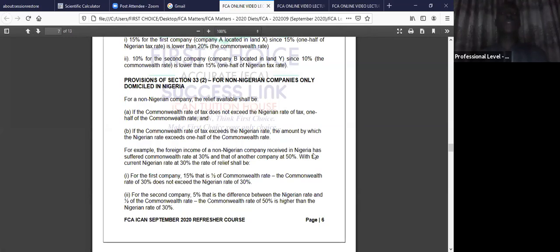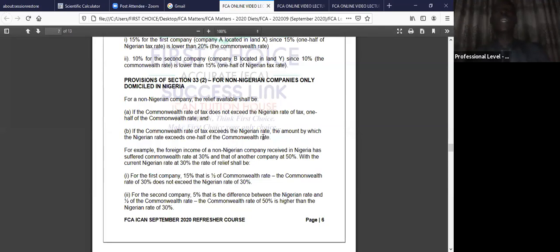But if we find out that the Commonwealth rate is smaller than the Nigerian rate, let's say the Nigerian rate is 30, the Commonwealth rate is 24%, then the Commonwealth rate of tax is smaller than the Nigerian rate.